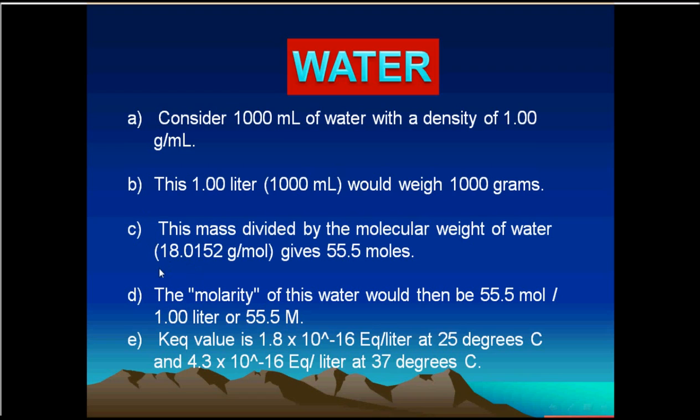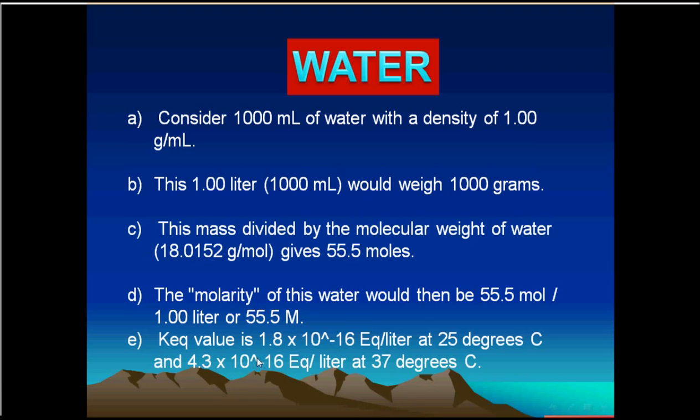If the molecular weight of water is 18, this means that 1 liter divided by 18 will give you 55.5 moles. So 1 liter of water will contain 55.5 moles. So the molarity of water is 55.5 moles, not millimoles. It's moles. It is very large, and this volume is constant.